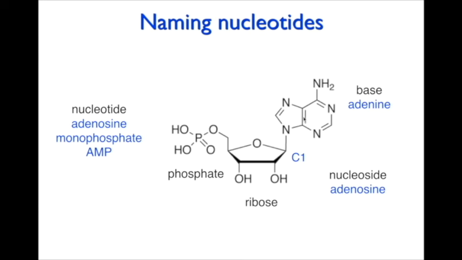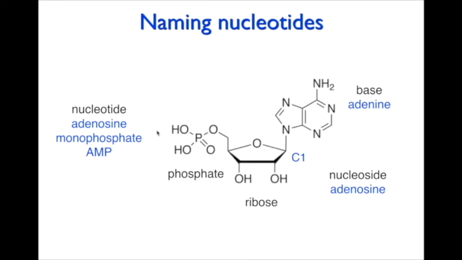When you add a ribose to it, which attaches to the C1 of the ribose, it becomes a nucleoside, and the name lengthens to adenosine. And when you add a phosphate to carbon 5 of ribose, it becomes a nucleotide, and the name lengthens to adenosine monophosphate.